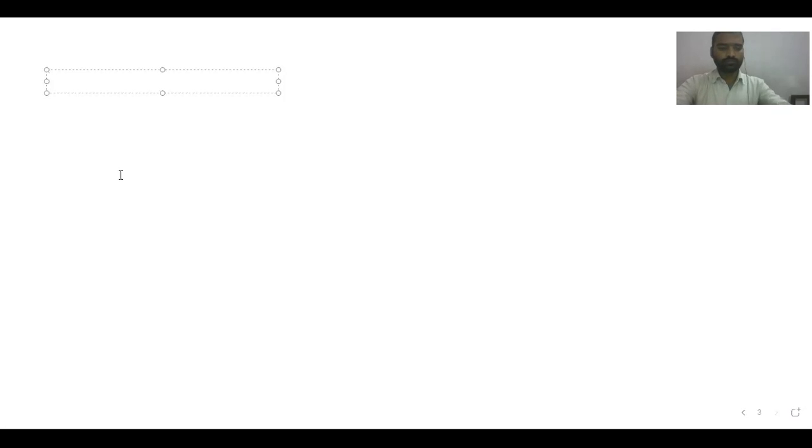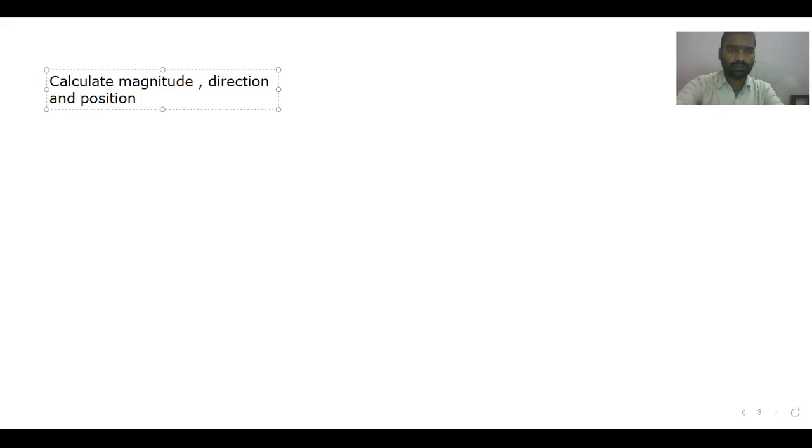Calculate magnitude, direction, and position of resultant force as shown in figure.